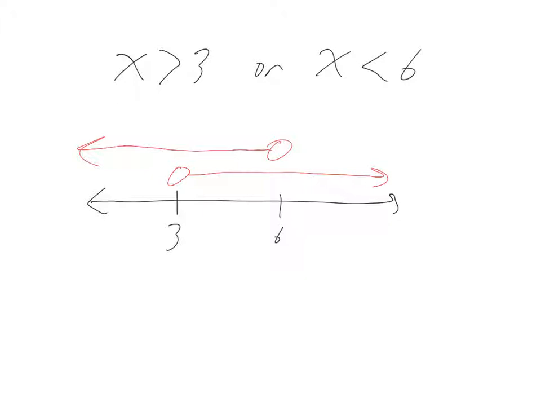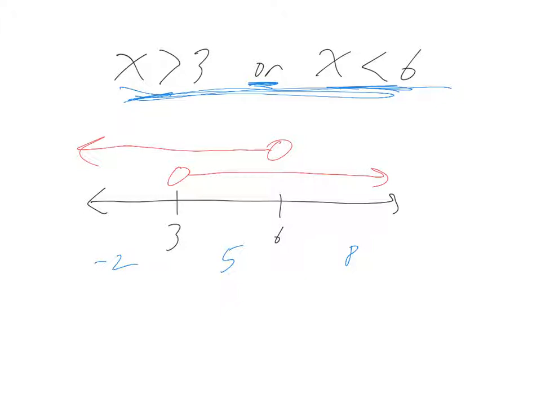And think about the possibilities. If I pick a number out here like 8, 8 is greater than 3, so it satisfies it. If I pick a number in between, it's both, so it's certainly at least greater than 3 or less than 6. If you pick a number down here that's smaller than 3, it's not greater than 3, but it is less than 6, so it also satisfies that compound inequality, because for an "or", the key is you just need at least one to be true.